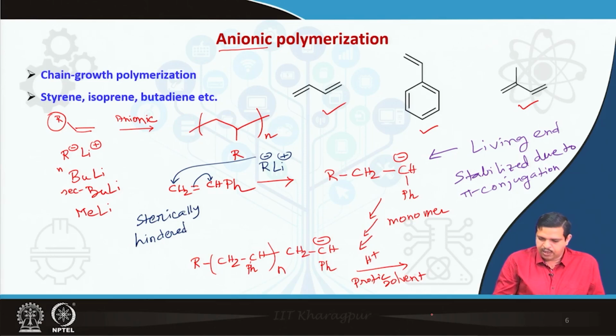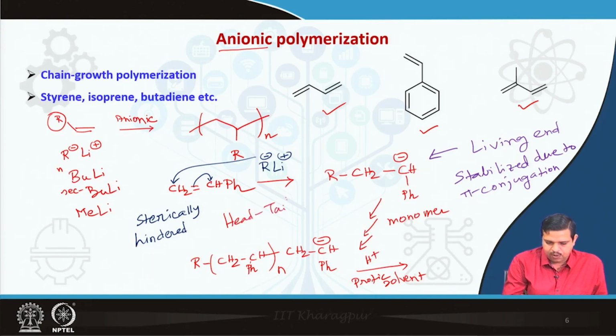Here, again very similar to the radical polymerization, the head to tail attack is more favored. What is head to tail? Like this, the anion attacks this one. So, this is the head to tail, not this center attacking this one.